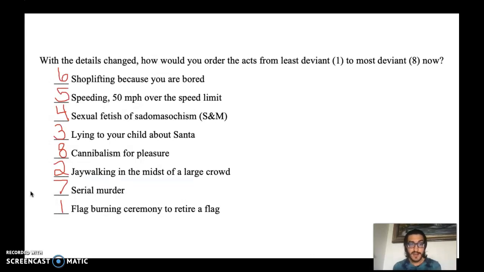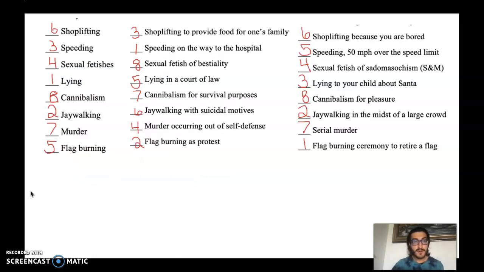All right, so here was how I ranked this particular group from least to most deviant. And again, I'm noticing that this ordering is different than both of the previous orderings that I did, right? So if I would just pull up a comparison now, this is how I ranked each of these three groups, right? Starting on the left with the first group where it just listed the behavior and didn't provide any context for us to really consider with that behavior.